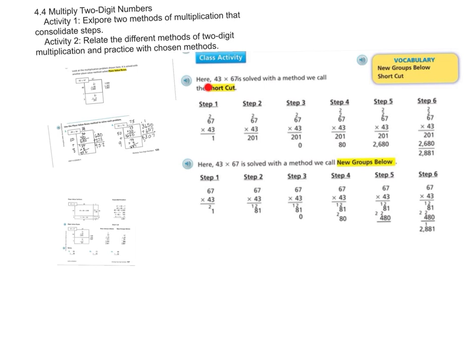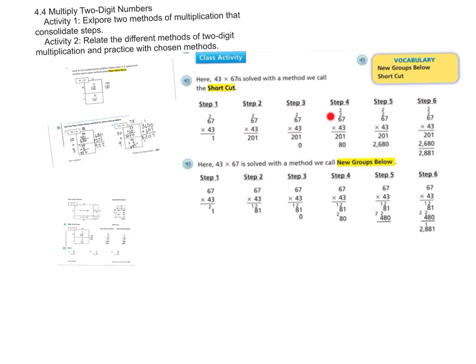So in step 1, you do your regular multiplying. 7 times 3, 2 at the top, 1 at the bottom. Step 2 is you multiply across. 6 times 3, which is 18, plus the 2 is 20. Then you put a 0 for a placeholder. Then you do 4 times 7 is 28.